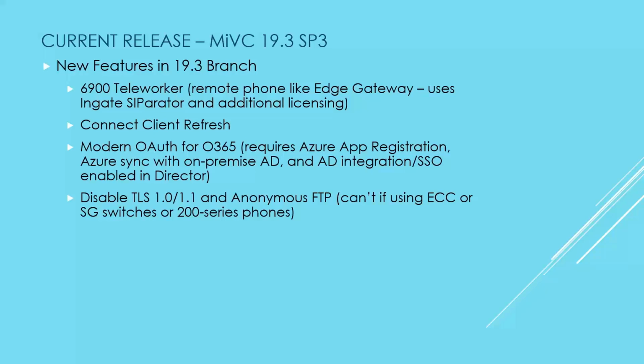In a lot of cases, we still aren't able to completely turn that off if the system has any older legacy components. So SG switches in particular, and any MGCP based phones. So the 200 series or older phones. If you still have any of those components on your system, we still have to keep TLS 1.0 enabled. And that'll continue as long as you have those components there as part of the system.